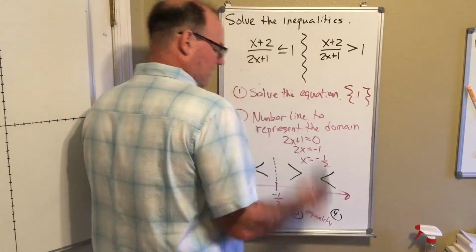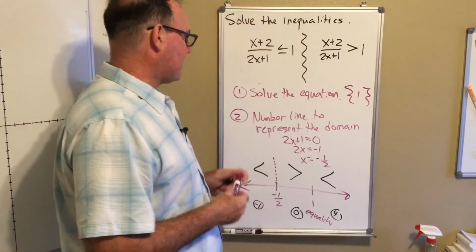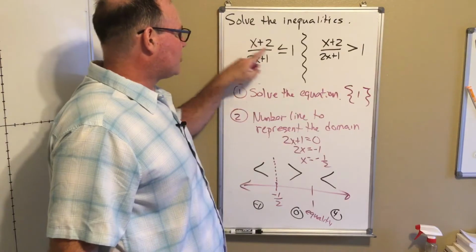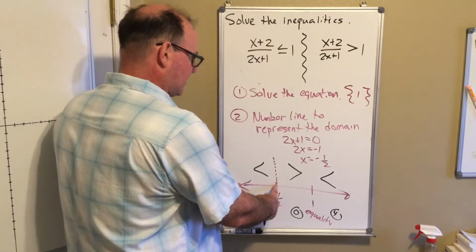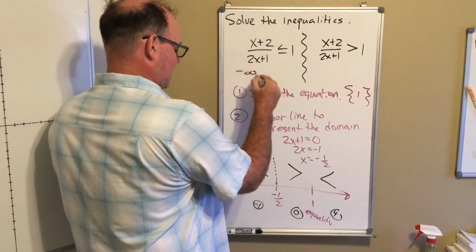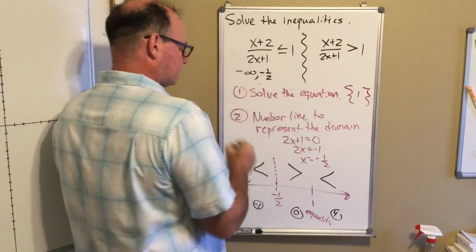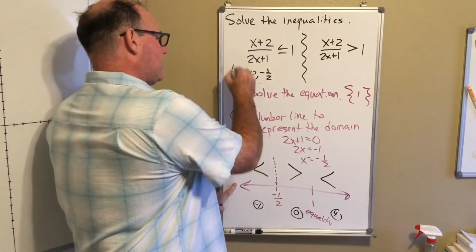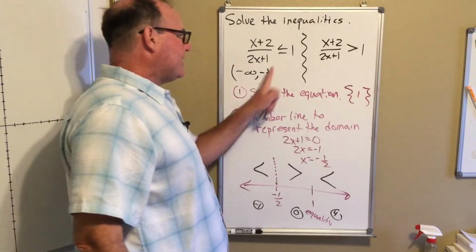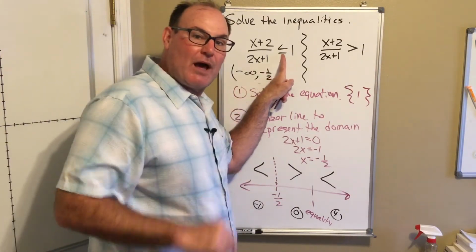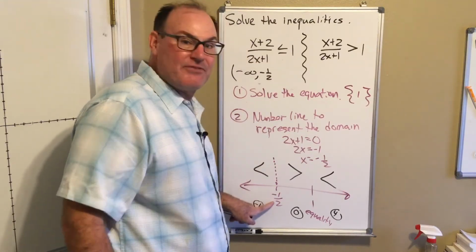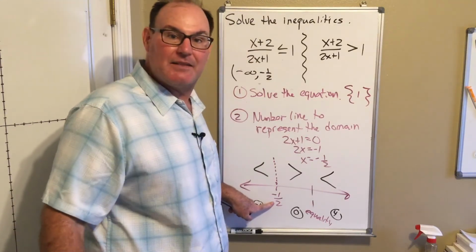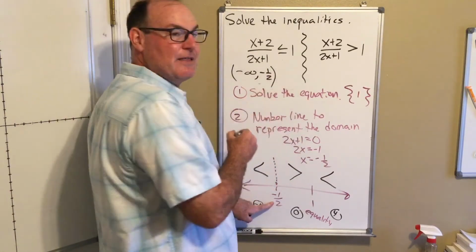So here goes. Taking into account my number line down there, when is the fraction less than or equal to 1? Well, I see it's less than in this first interval, and that first interval is negative infinity to negative 1/2. We always put a parenthesis at infinity. I know I have equals here, and this is why I recommended you do it. There's an asymptote here. Negative 1/2 is not a point of equality. It's not in the domain, so I'm going to put a parenthesis there.